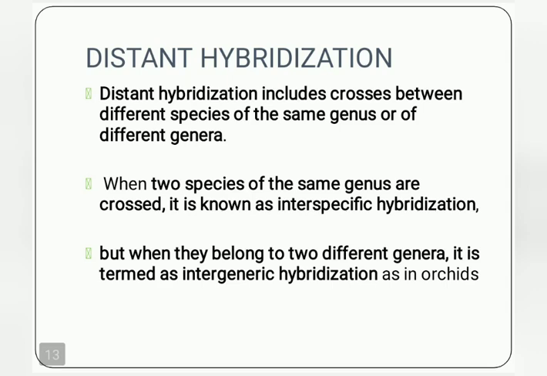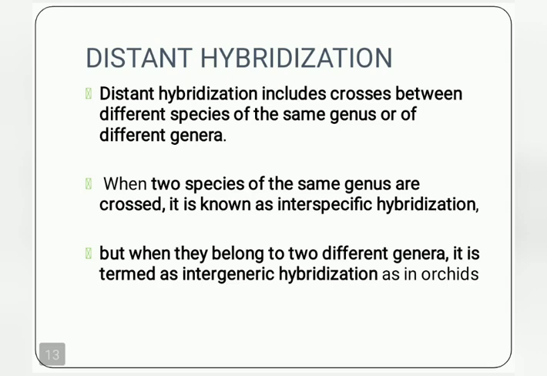They are interspecific hybridization and intergeneric hybridization. Interspecific hybridization is the type of distant hybridization coming under the same genus, so it is also called intrageneric hybridization.